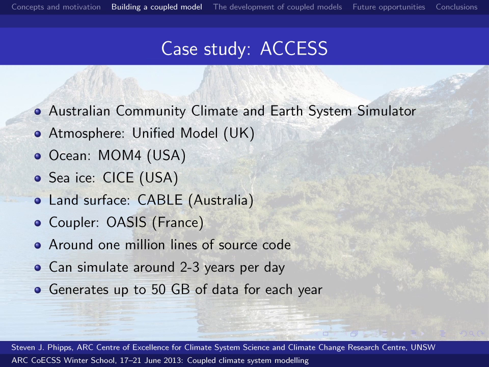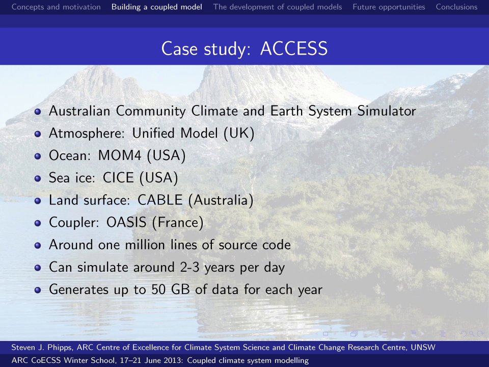But a case study. So you probably heard about ACCESS at some point during the week, I'm sure. This is the new climate system model for Australia. So ACCESS stands for Australian Community Climate and Earth System Simulator. Now, like I said, modern model development, you don't reinvent the wheel, you don't start from scratch, you take pre-existing components and bolt them together.